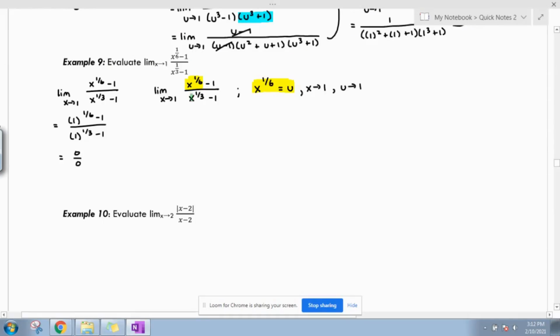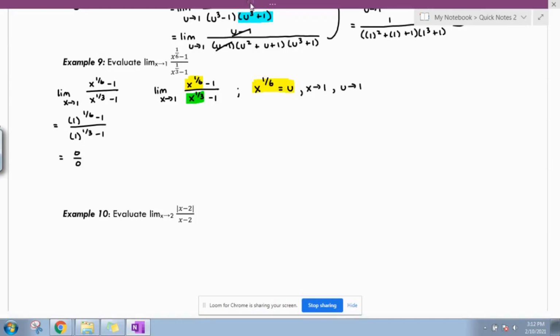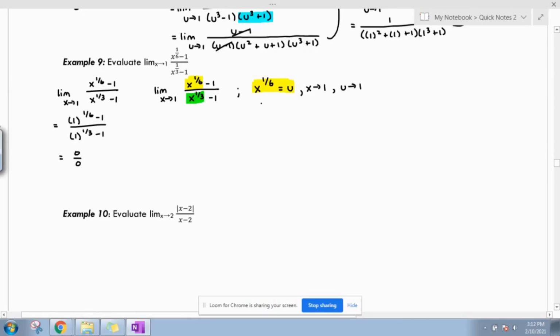That's all great. But I notice that I have another x in my equation. That's x to the exponent 1/3. So now we have to think about how I can turn x to the exponent 1/6 equals u so that I can get x to the exponent 1/3 from it. What can I do so that I can get x to the exponent 1/3 on the left-hand side there?